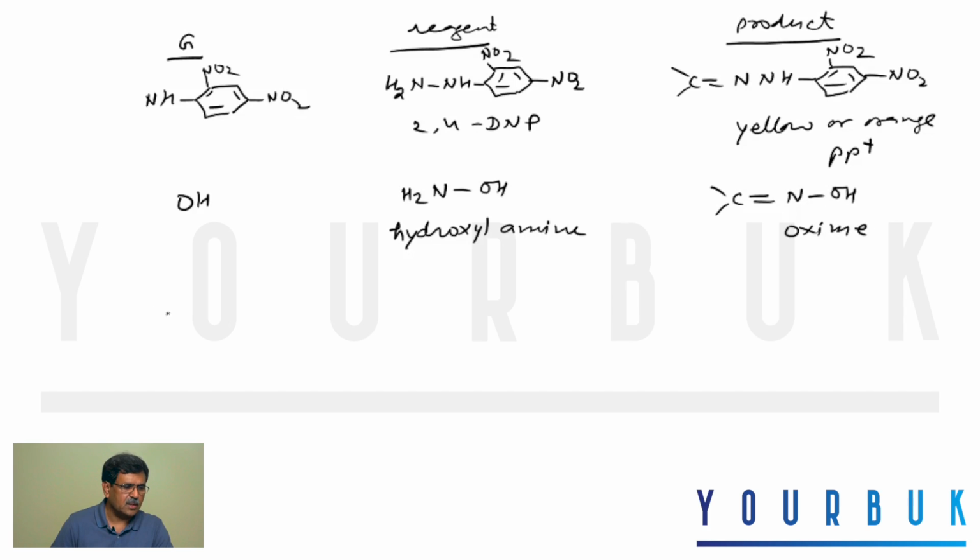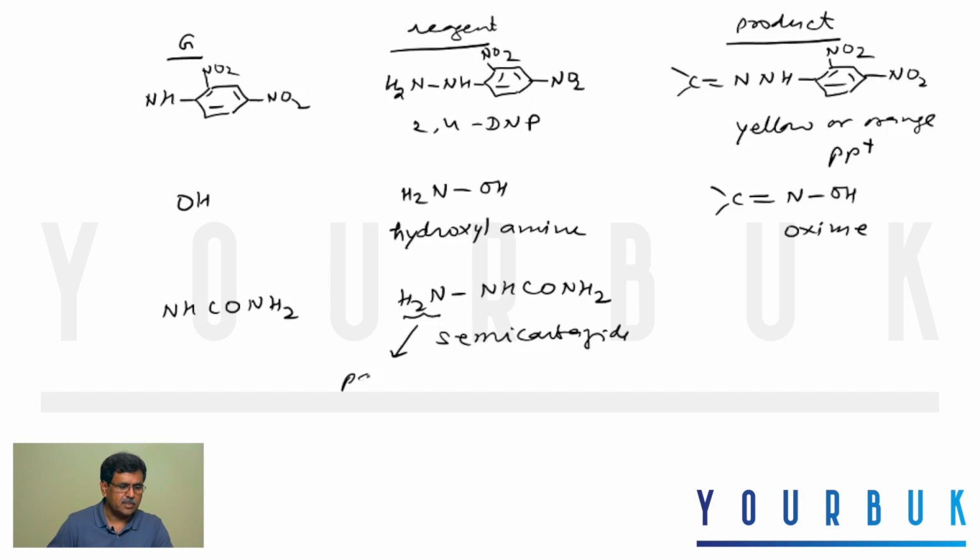And the last one is, if G is equal to this, then the reagent is called semicarbazide. This reagent is called semicarbazide, and in this case only this NH2 participates in the condensation with aldehydes and ketones.